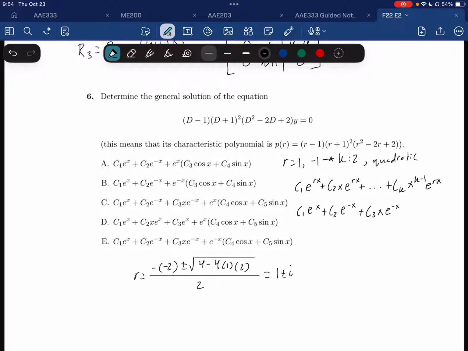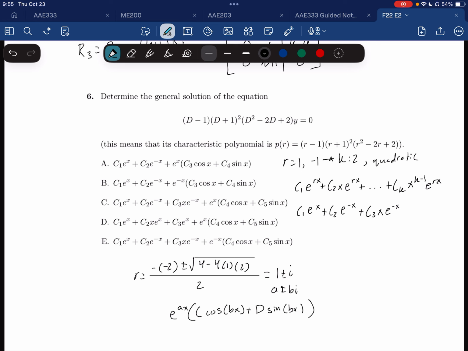We know that the generic form for this, let's say you have a plus or minus bi, is always going to be e to the ax times c cosine bx plus d sine bx.